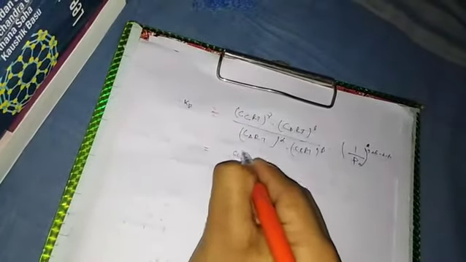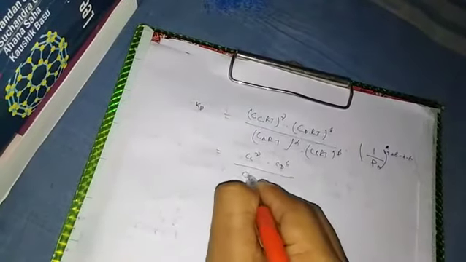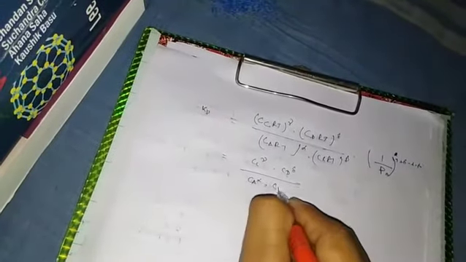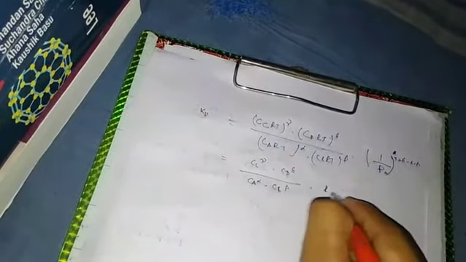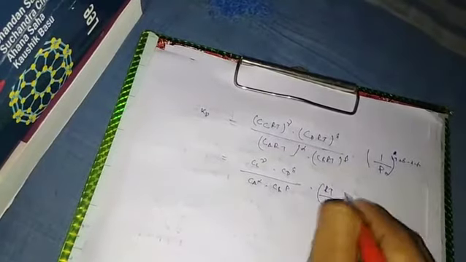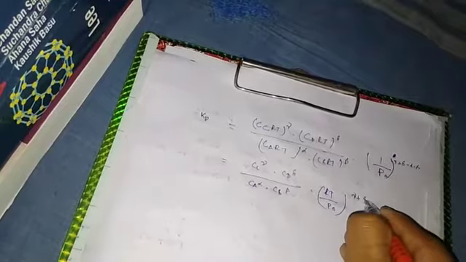Okay, now Cc gamma Cd delta divided by Ca alpha dot Cb beta. If we take out RT, then it will be RT by P0 to the power gamma plus delta minus alpha plus beta.